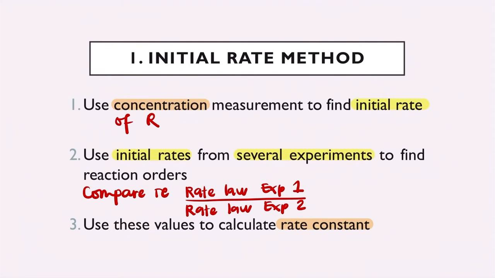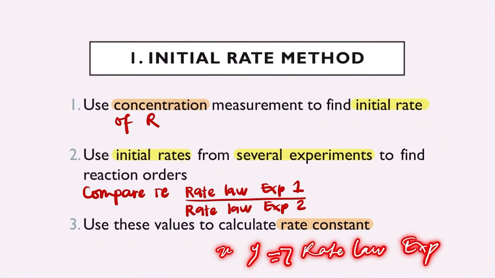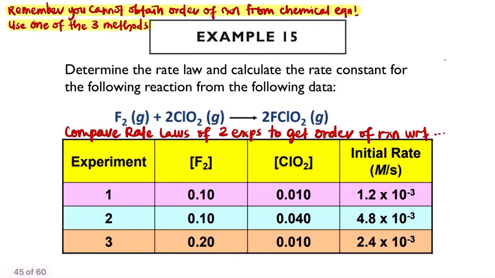Then you use these values, your orders of reaction X and Y, to calculate the rate constant. You just insert your order of reaction into the rate law of any of the experiments given. Just choose. Right, so let's see how we can do example 15.